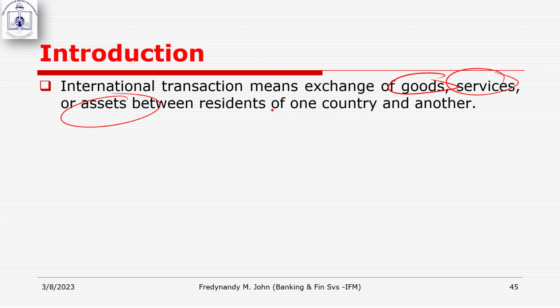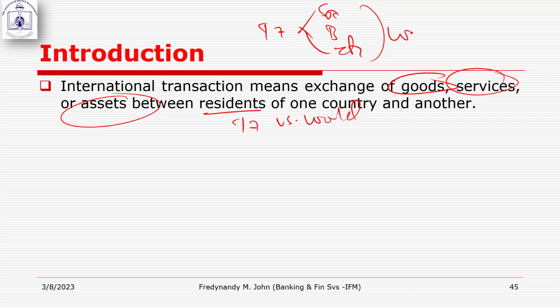So when I say residents, they can be citizens of, let's say, Tanzania vis-a-vis the world, because we do not transact with just one country, let's say South Africa, Botswana, etc. No, we transact with the entire world.